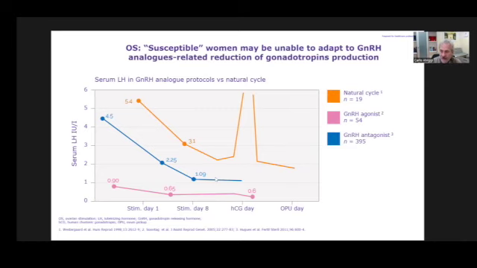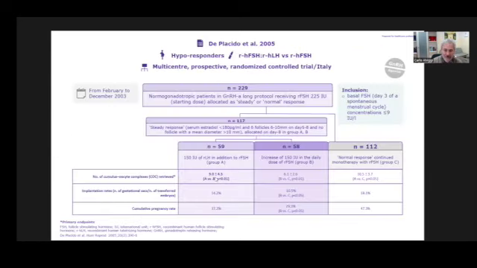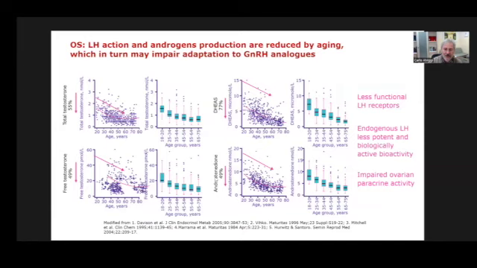If the system is able to adapt, we can say that it is not a problem, because even a small amount of LH can be sufficient for sustaining. But there are some conditions where the quality of endogenous LH is lower. For instance, in patients above 35, in patients above 38 years of age, we have less functional LH receptor.